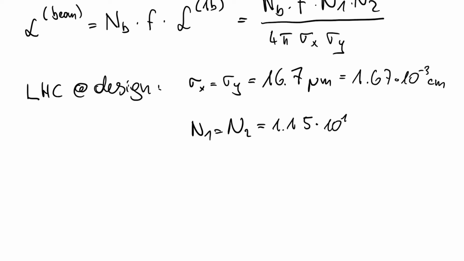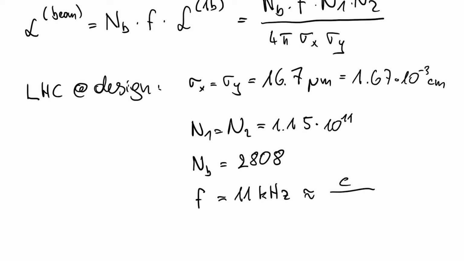Bunch numbers are typically in the range of hundreds of billions. So in this case, per design, it's 1.15 times 10 to the 11 particles in a bunch. And there are 2,808 bunches in the LHC at design, and the revolution frequency of the bunch in the LHC tunnel is 11 kilohertz, which is very, very roughly speed of light divided by the circumference of 27 kilometers.